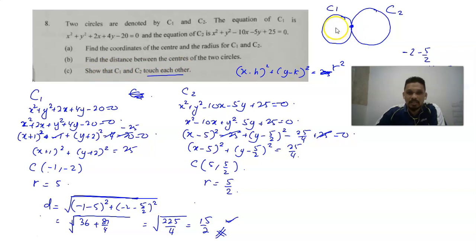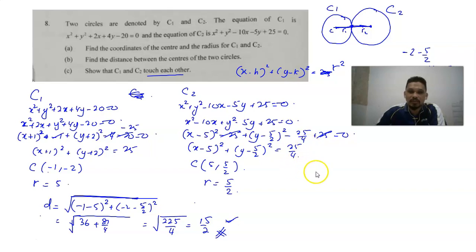So this is the center of C1 and this is the center of C2, with radii R1 and R2. By looking at this picture, the distance between the centers of C1 and C2 equals the summation of R1 and R2.